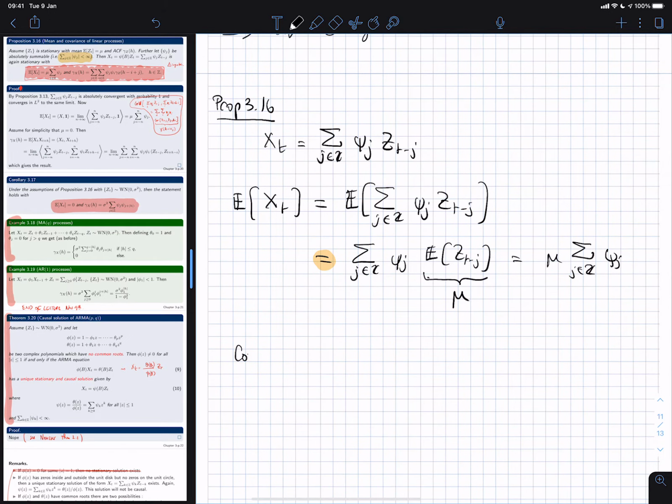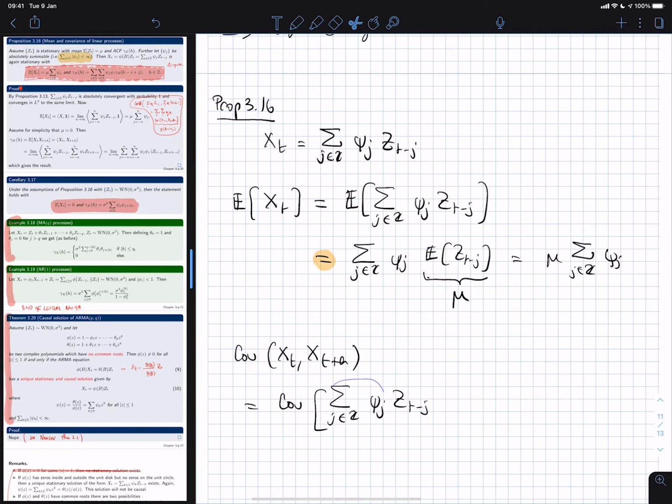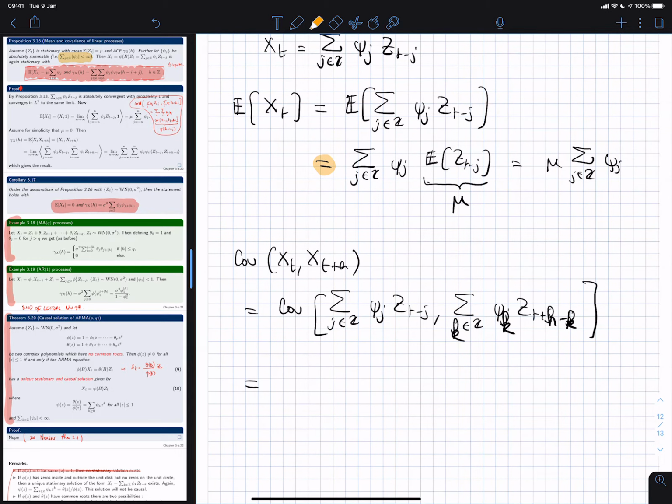Secondly, if I look at the covariance of X_{t+h}, I will have the covariance of this guy with the same guy, except that it's t+h-j. Maybe I'll put a k here so I don't get my indexes mixed up. And then again, I have to be careful if I can exchange or not my summations. So I do this.